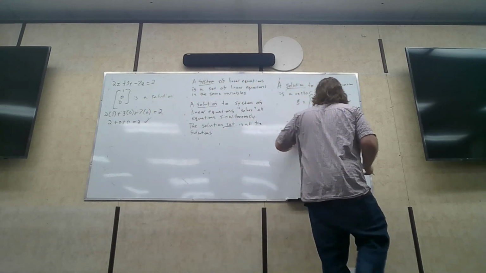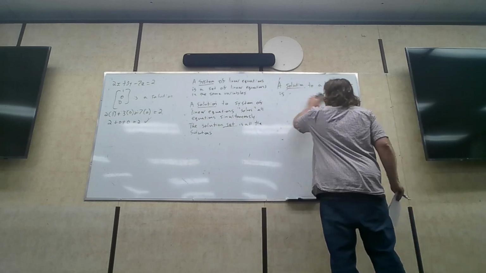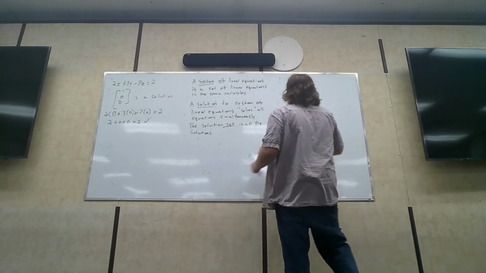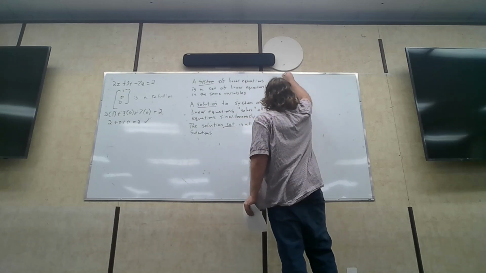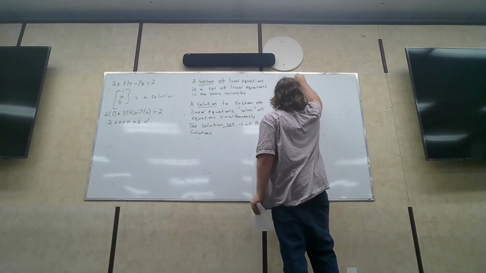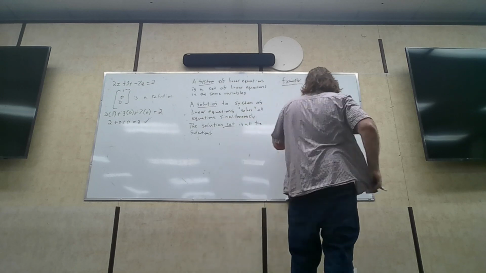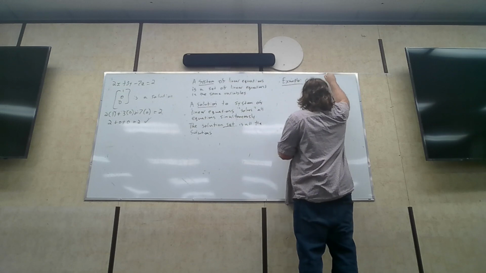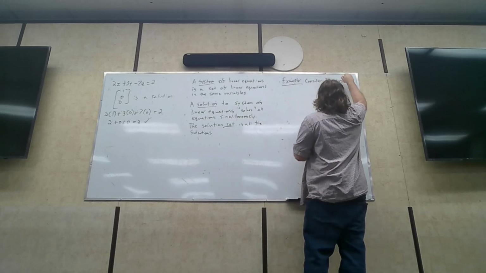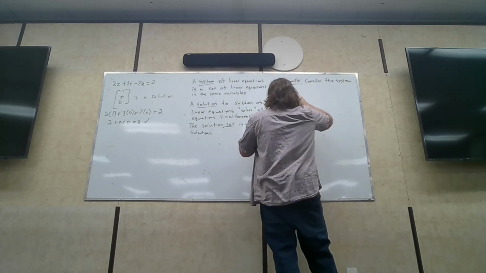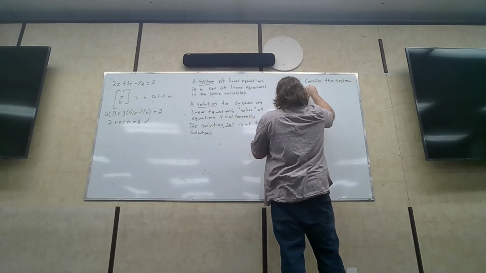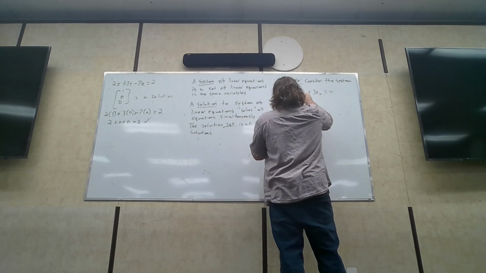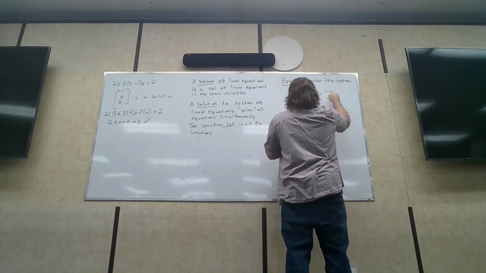So, okay, let's take a look at an example here. So let's consider, and this will show you what I mean by system, 2x1 plus 3x2 equals 0, and x1 minus x2 equals 1.